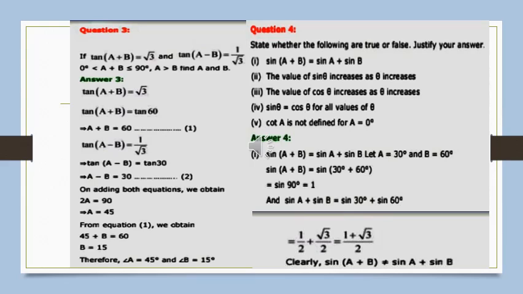So sin(A + B) gives you sin 90, which is equal to 1. But if you see sin A plus sin B, its value is (1 + root 3) upon 2. And therefore sin(A + B) is not equal to sin A plus sin B. So it is a false statement.